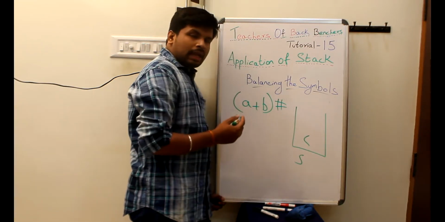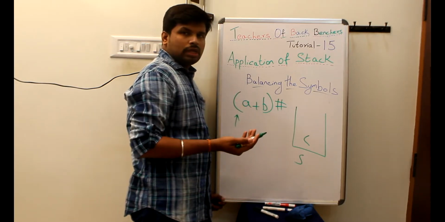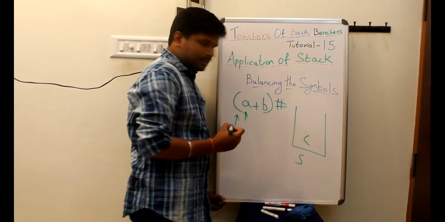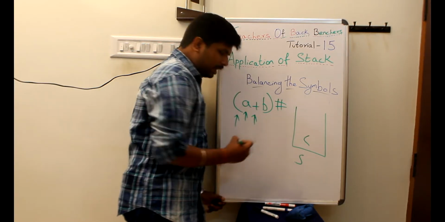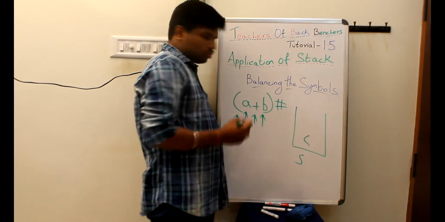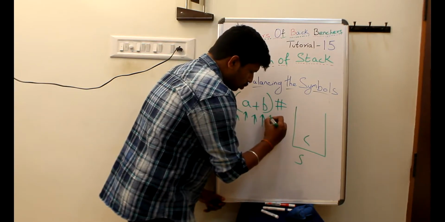Only parentheses are inserted in the stack, and other elements are just read and thrown out to the output. The next character is a, read as it is, then the operator plus, and then the element b. So far we have read 4 characters, and the last character is the close parenthesis.